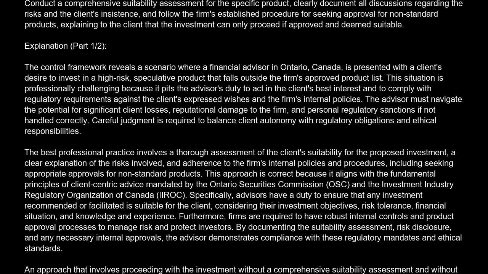Furthermore, firms are required to have robust internal controls and product approval processes to manage risk and protect investors. By documenting the suitability assessment, risk disclosure, and any necessary internal approvals, the advisor demonstrates compliance with these regulatory mandates and ethical standards.